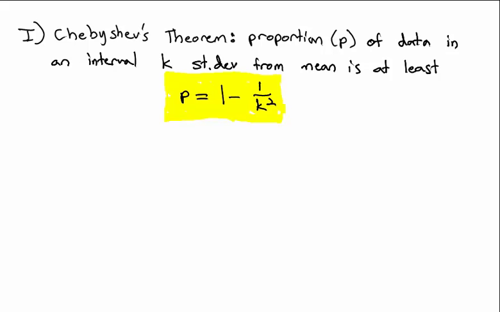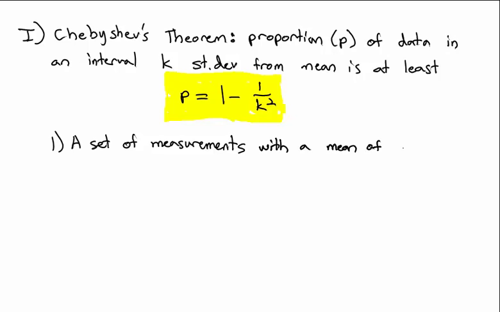So let's say we have a set of measurements with a mean of 32 and a standard deviation of 4.